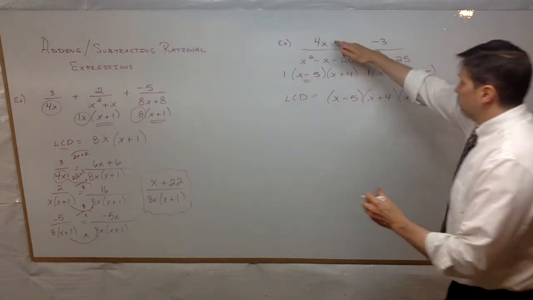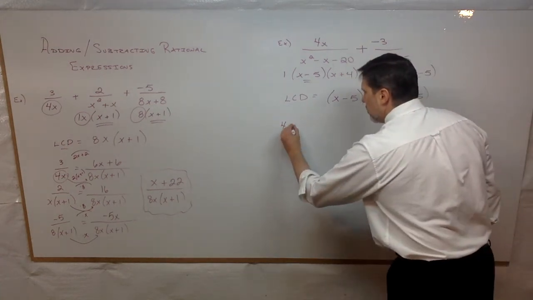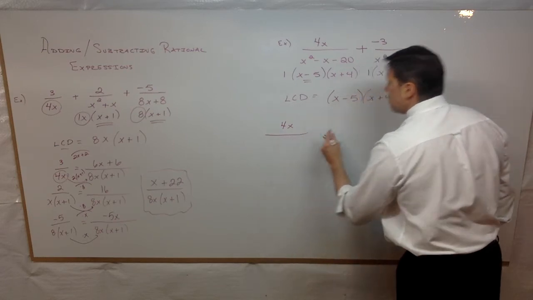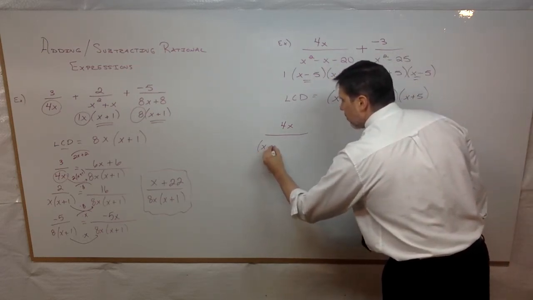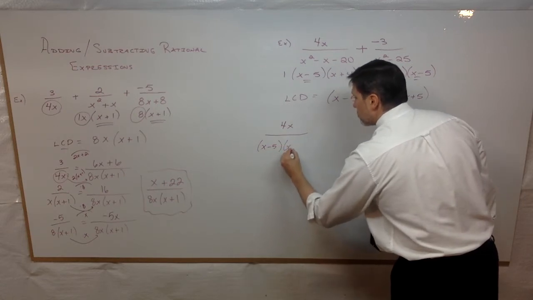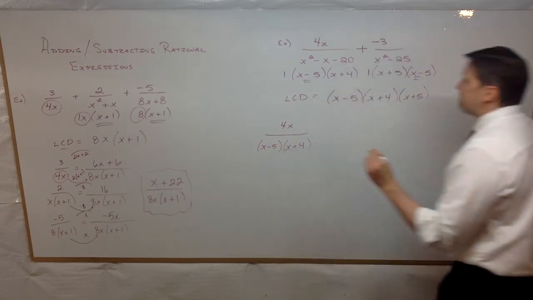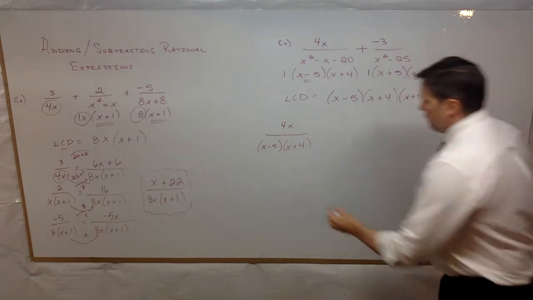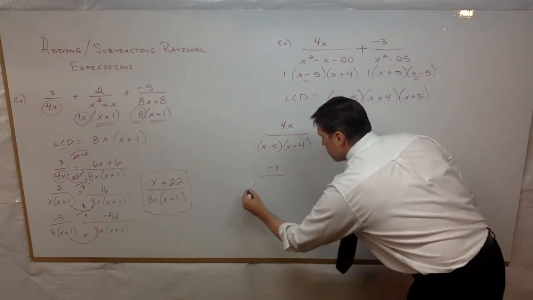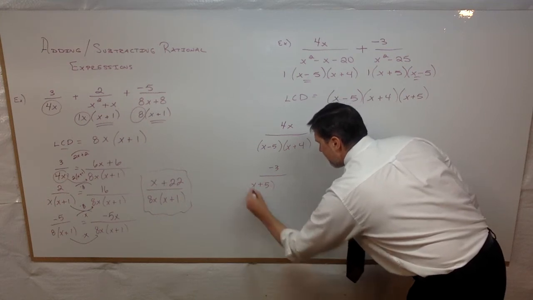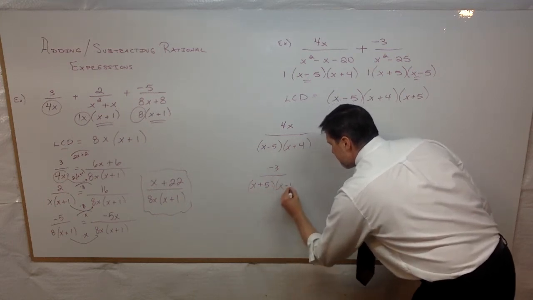All right, so my next move is write one fraction underneath the other with the factored form of each denominator. So we'll call this x minus 5 times x plus 4. And this one we'll write negative 3 over, what do we got here, x plus 5 times x minus 5. Okay.